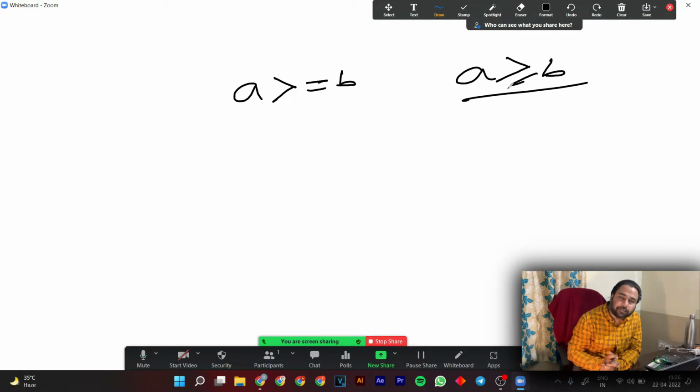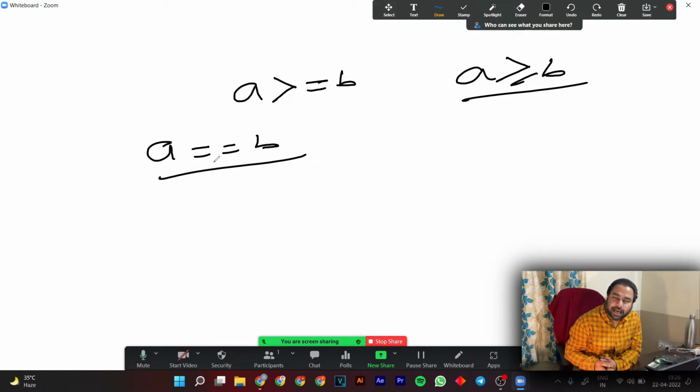Now, in the same manner, there are equal to operators also. So the equal to operator is what? The equal to operator is A == B. What does this mean? This means that the value of A and the value of B are equal. If equal, true is expected. If not equal, false is expected.